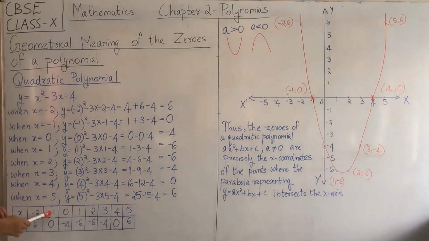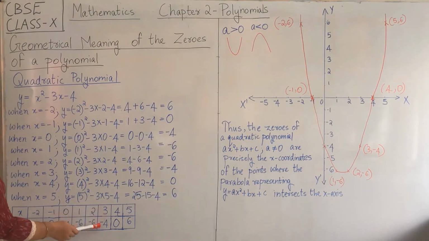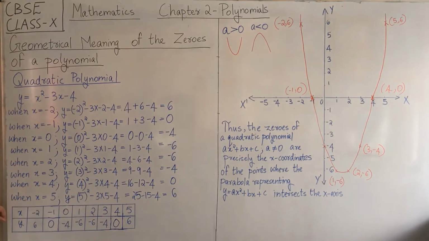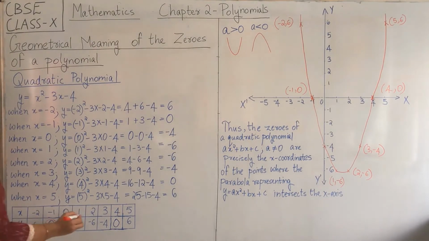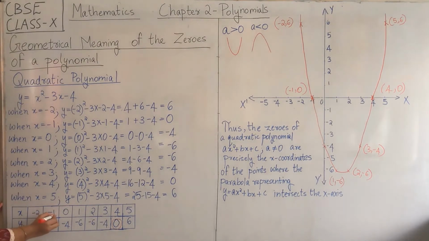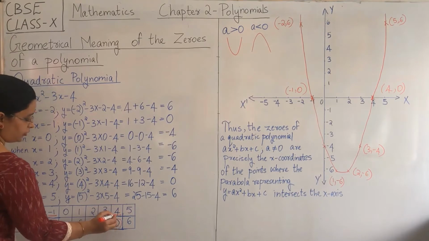-1, 0; 0, -4; 1, -6; 2, -6; 3, -4; 4, 0; 5, 6. Now here I got y as 0, here also I got y as 0. The corresponding values of x, that is here -1, here 4, right?